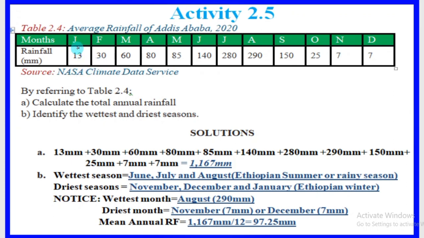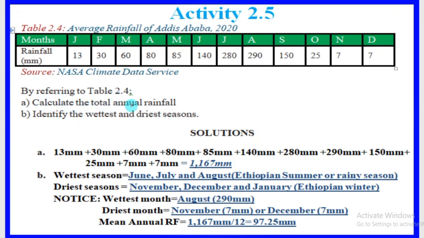For example, January 13 millimeter, February 30 millimeter, March 60 millimeter, April 80 millimeter, May 85 millimeter, June 140 millimeter, July 280 millimeter, August 290 millimeter, September 150 millimeter, October 25, November 7, and December 7.